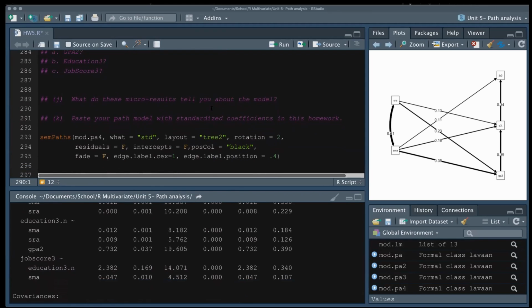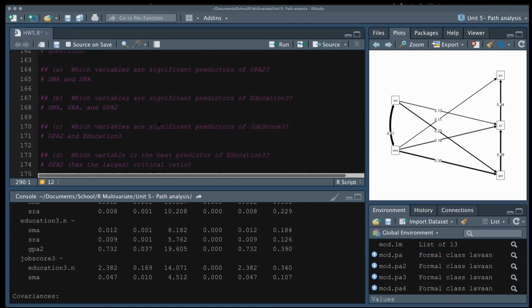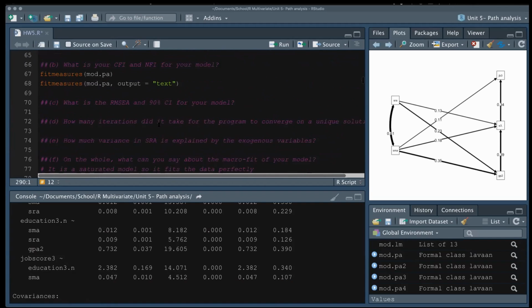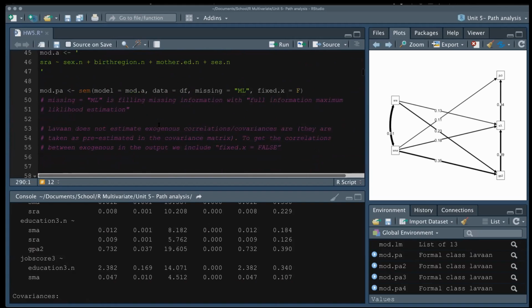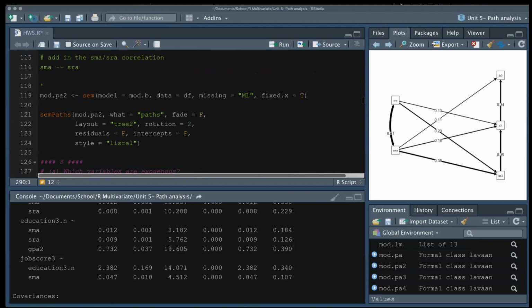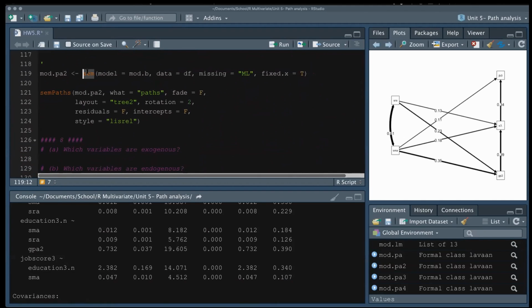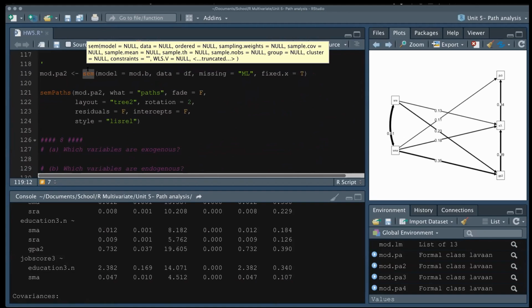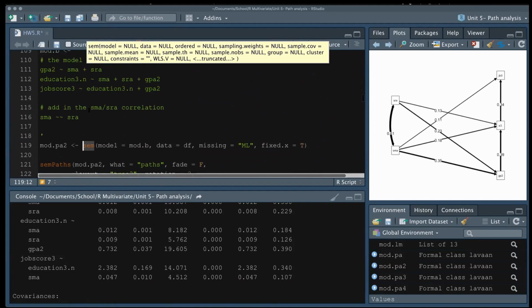One thing I want to point out to all of you regarding the final lab: we'll have a couple days of lecture for CFA, and then we have one more lab. The final lab is certainly our shortest one, and it's all of this same stuff that we've been doing here. There are no new functions. The only difference is, instead of using sem, we'll be using the cfa function to fit our model.